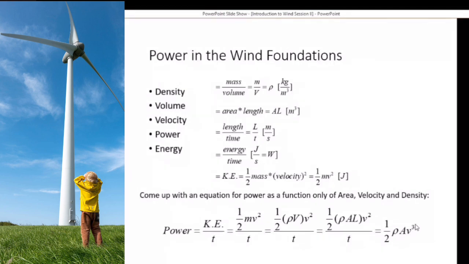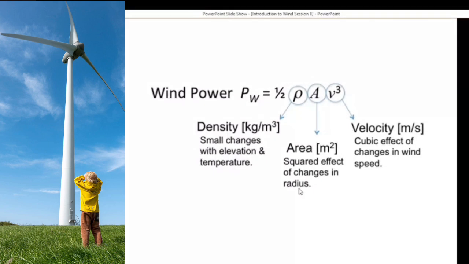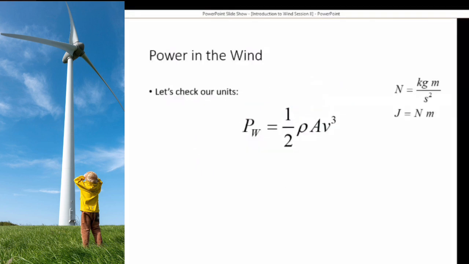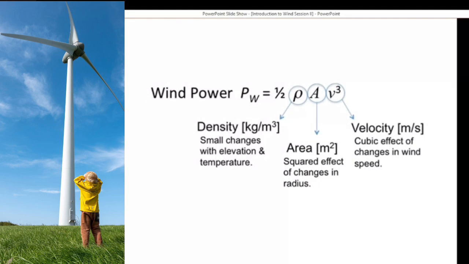And the velocity is to the power 3, which means it is much influencing the power output of a system. So here, there is a small change with elevation and temperature, which affects the density.